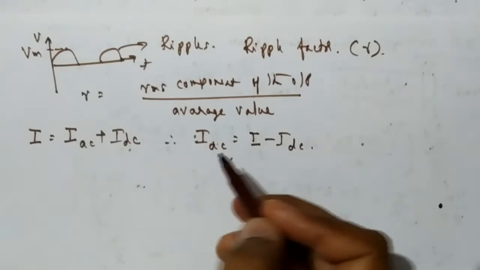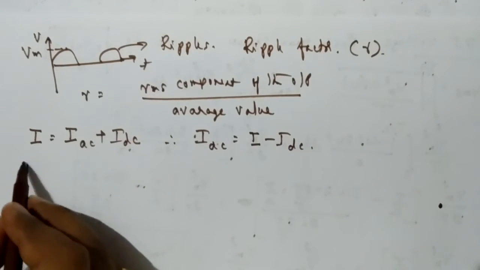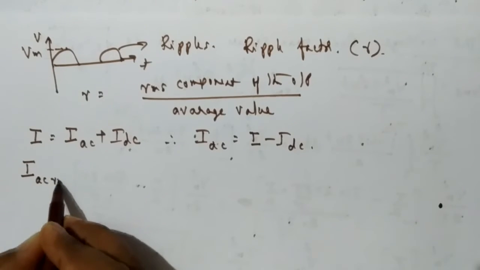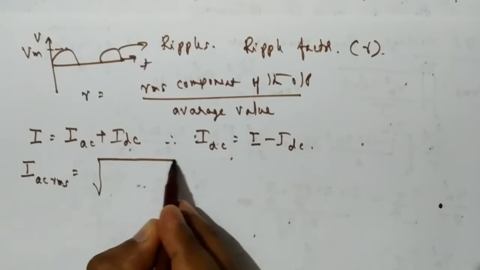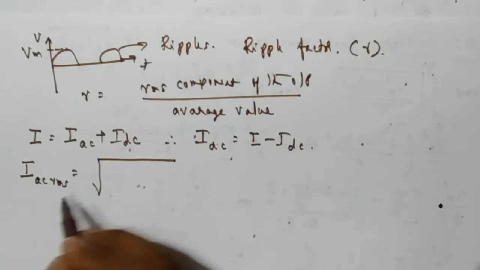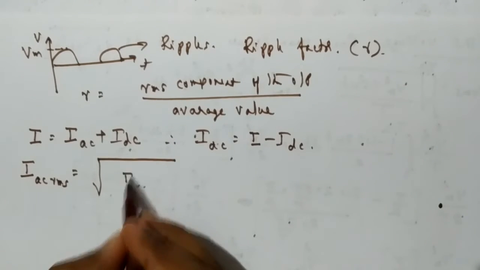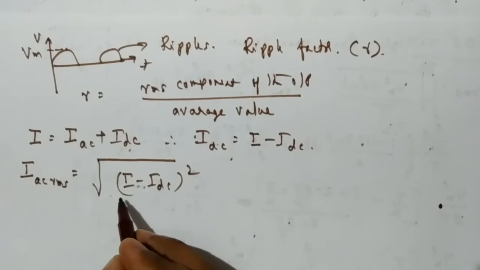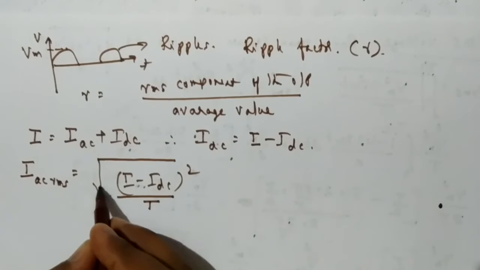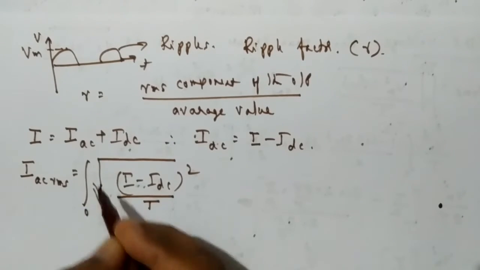Now what is the RMS value of this AC component? IAC RMS is equal to, so you know from the previous derivation the general expression for the RMS value, that is the square root of I minus IDC whole square divided by T, from 0 to T.